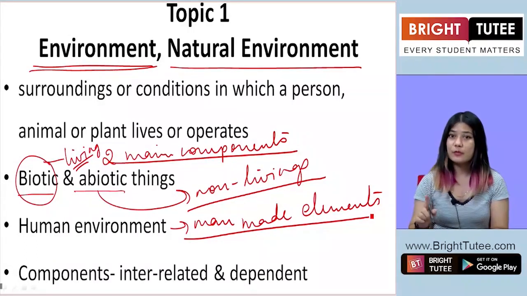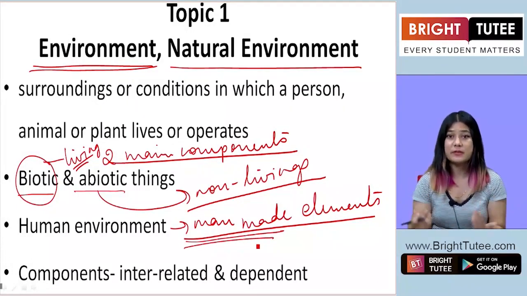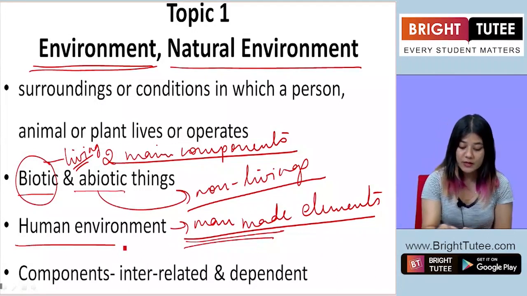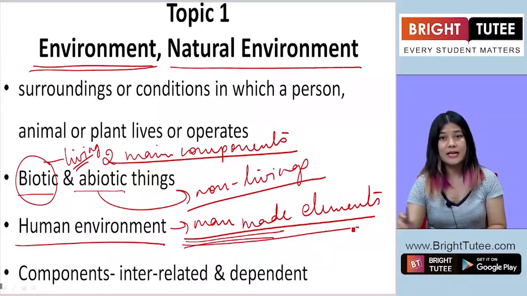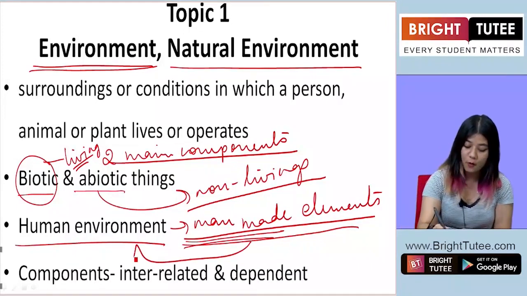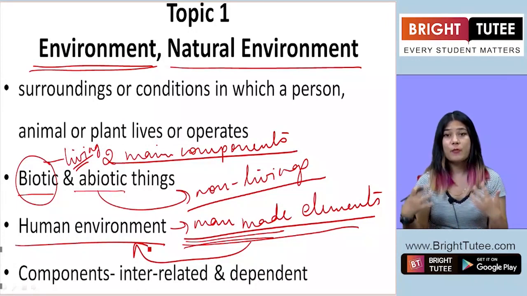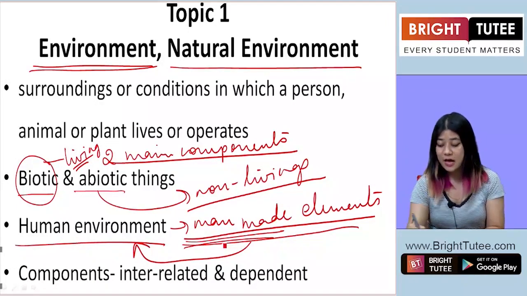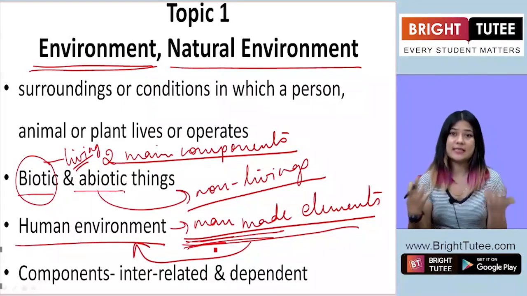But these components, because they are made by human beings, are called human environment, or man-made elements, which go on to form the human environment. It is the environment where the components are created by human beings. They do not exist naturally.